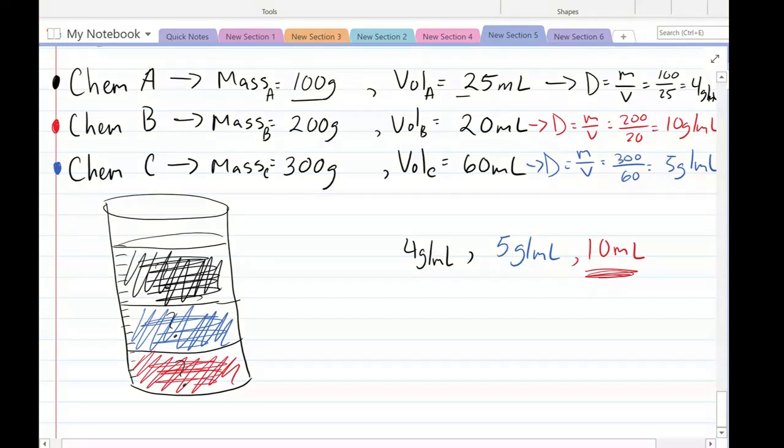So in the beaker, we're going to have chemical A all the way in the top. It's the least dense, so it'll float. Next one is going to be chemical C, and lastly, it's going to be chemical B. Oops, let's use the red. Chemical B is going to sink because it's the most dense, right?